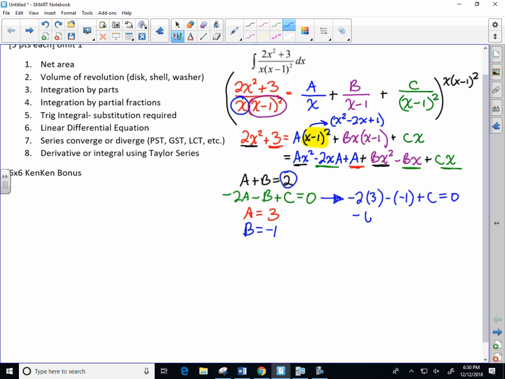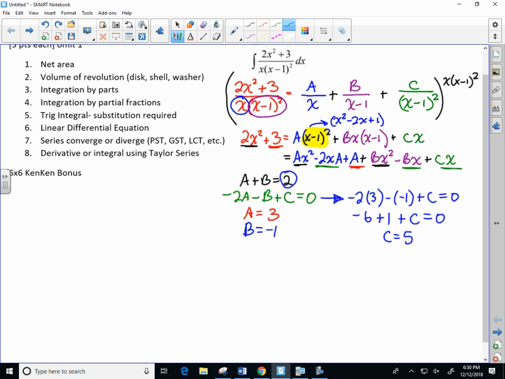So negative 6 plus 1 plus C equals 0. So C would have to be equal to 5. Okay, all right, so we know A, B, and C.